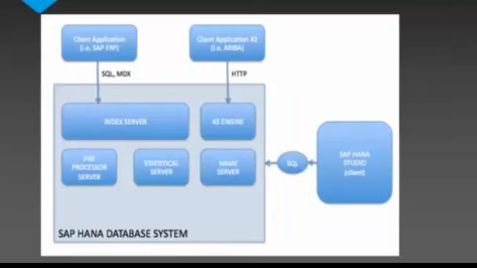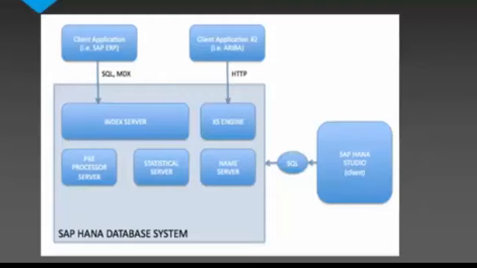Then we have the statistical server, or we call it the statistics server. This server helps in collecting the data for the system monitor, and it helps you know the health of the HANA system, right? The statistical server is responsible for collecting the data related to the status, resource allocation or consumption, and the performance of the SAP HANA system.